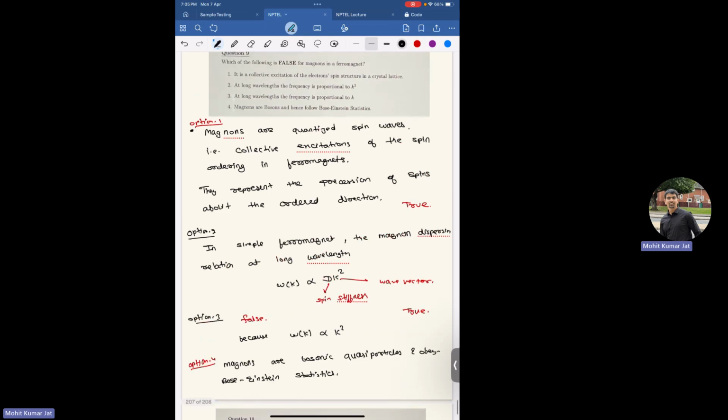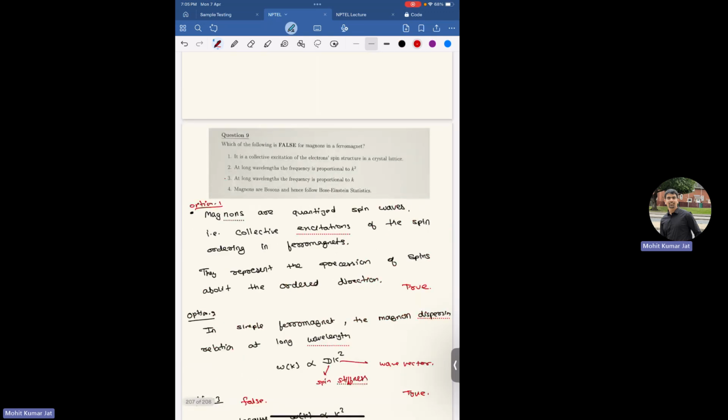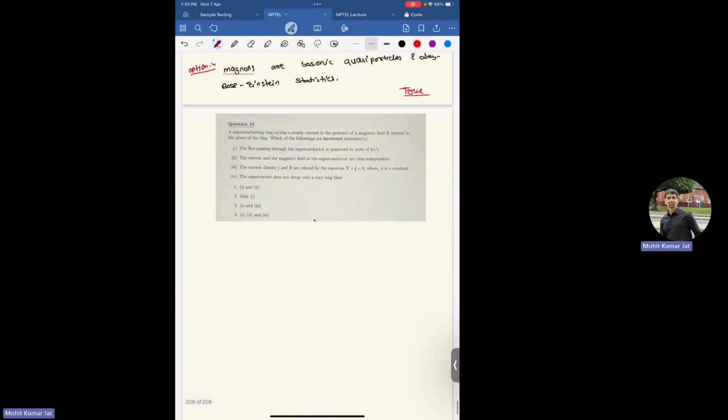Okay, so this is also true. So the correct option for this question is the statement that at long wavelength, the frequency is proportional to k, because this is the only false one, others are true. And the question is asking about the false statement for the magnons in ferromagnet.